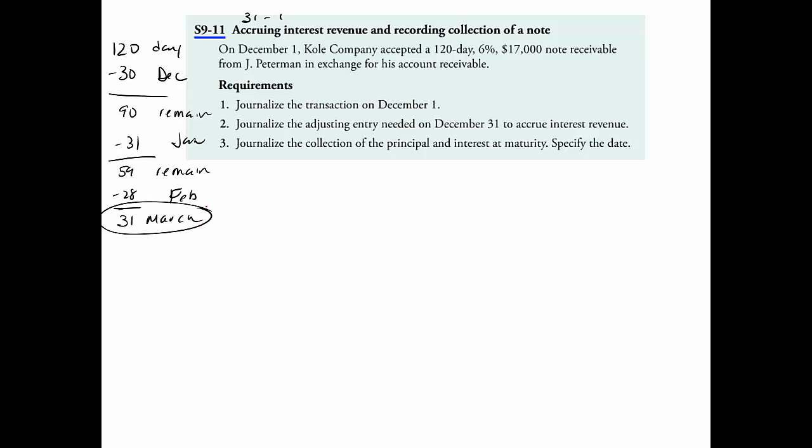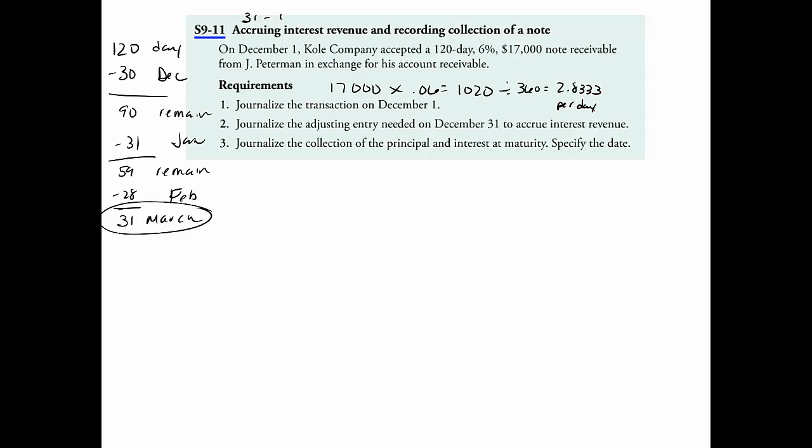And then let's figure out our interest over here too. So it's $17,000 is the principal times 0.06 means the annual interest would be $1,020, but I don't have it for the whole year. Now you could probably do this different, but just bear with me here. So I'm going to divide that by 360, and so I get a daily interest rate of 2.8333 per day.